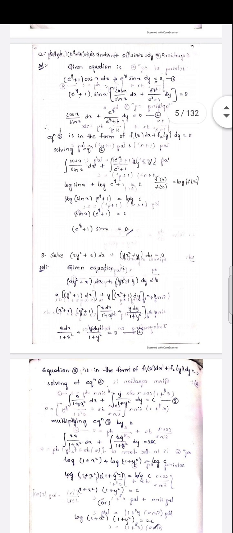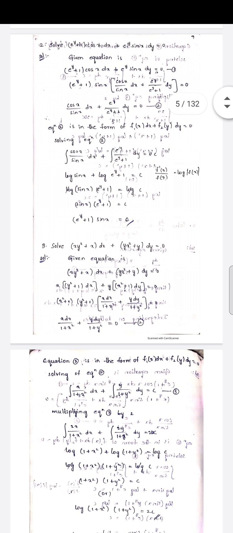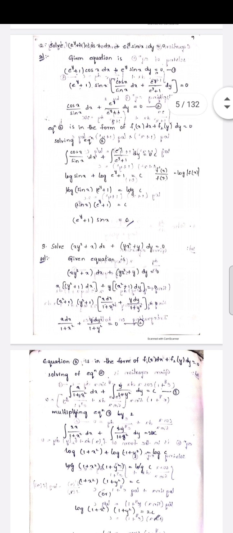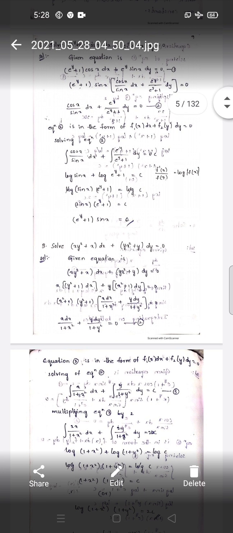First of all, the third example: (xy square plus x) dx plus (yx square plus y) dy is equal to 0. The given equation is of the form M dx plus N dy is equal to 0.